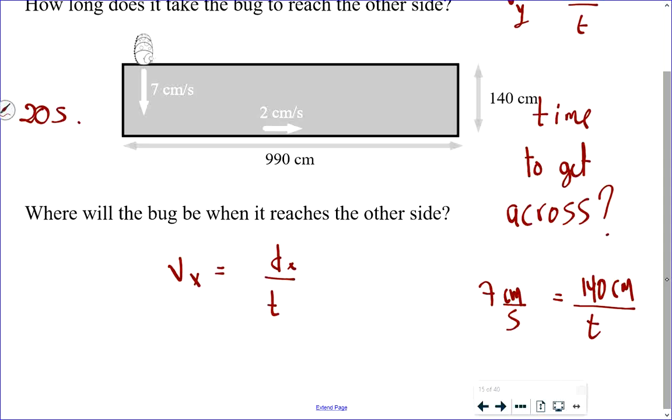There aren't two bugs, it's one bug. So that means we can put the 2 centimeters per second here, and the time of 20 seconds, multiply and get 40 centimeters. You okay with that? So it's going to be 40 centimeters this way.